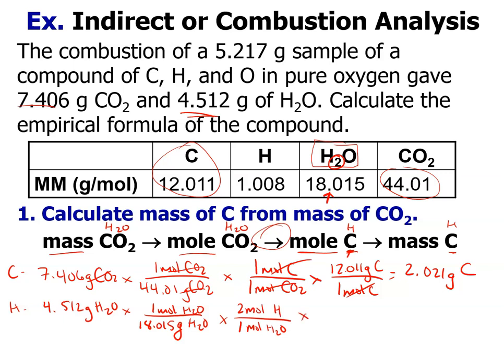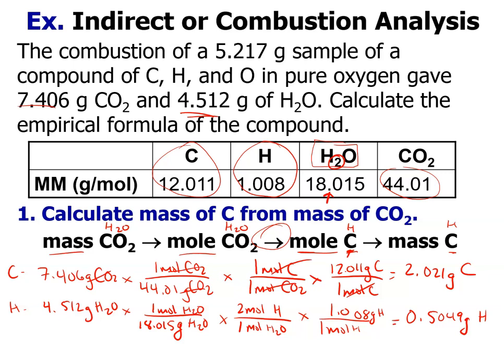And then I want to convert the moles of hydrogen to grams of hydrogen. 1 mole of hydrogen is equivalent to 1.008 grams of hydrogen, as shown in this part of the chart that I have shown you. And when we multiply all of this through, we should get 0.5049 grams of hydrogen.